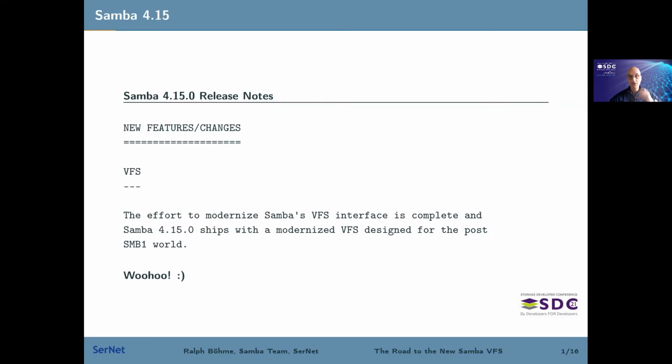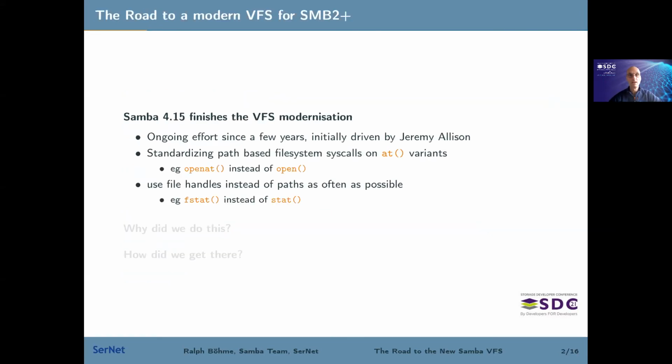The effort to modernize Samba's VFS interface is complete, and Samba 4.15 ships with a modernized VFS designed for the post-SMB1 world. In this presentation, I want to take a deep dive into the underlying technological changes that we have implemented and explain the reasons why we did this.